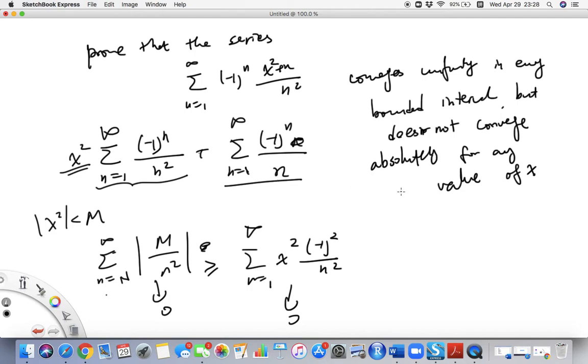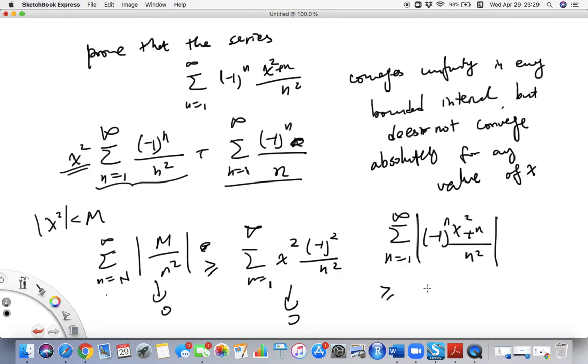But it's not uniformly convergent. Why? Oh, sorry, it's not absolutely convergent. Why? Because if we take the absolute value, right?